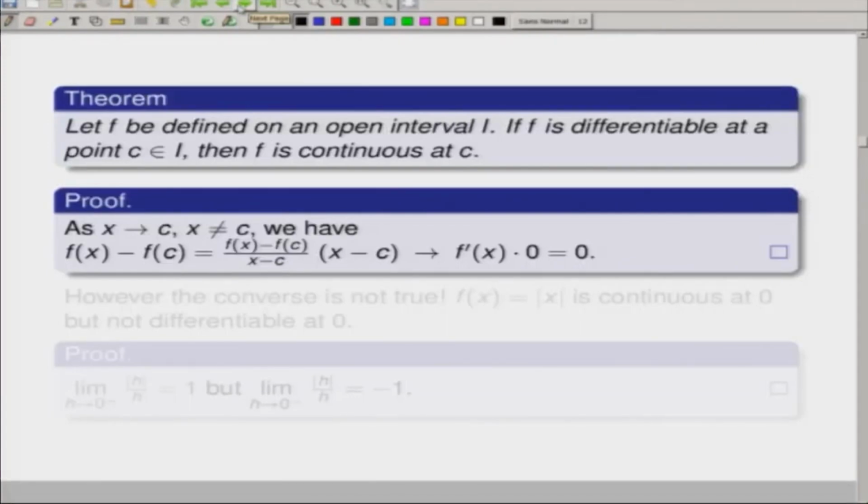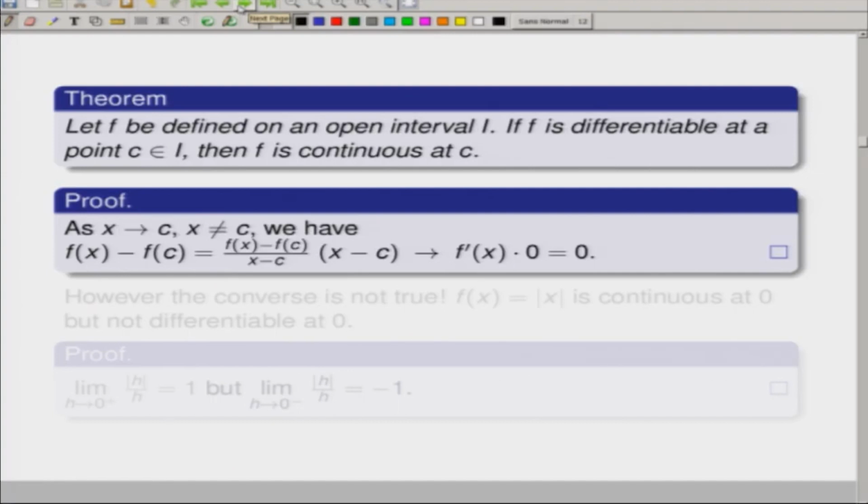Now, in order to show that f is continuous at a point c, we must show that the limit as x goes to c of f of x is equal to f of c. So, now we want to look at f of x minus f of c. Let us take the points x which are close to c but not equal to c.